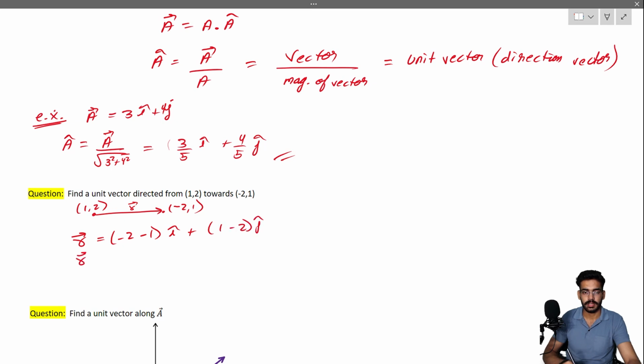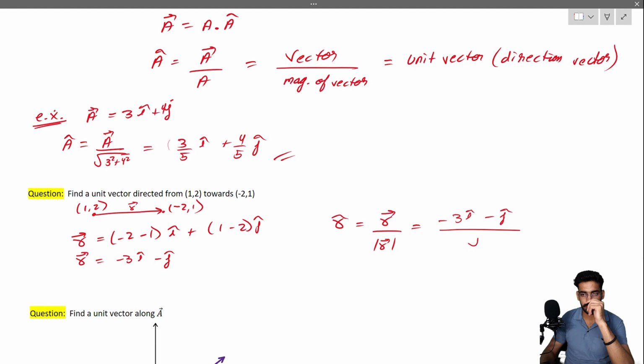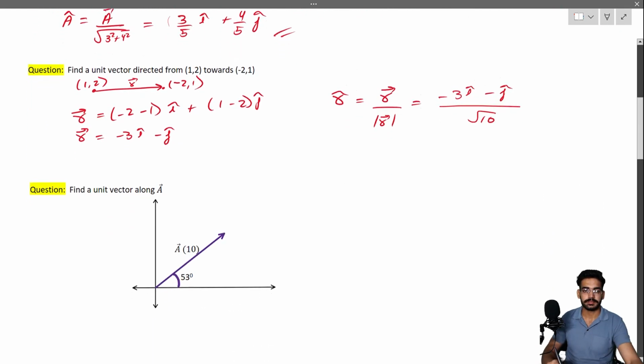Okay, R vector is equal to minus 3 i cap minus j cap. Okay, this is your vector. Now I want to find out R cap. So R cap is basically R vector divided by magnitude of R vector. That is minus 3 i cap minus j cap divided by magnitude, that is under root 10, right? I hope this is clear.